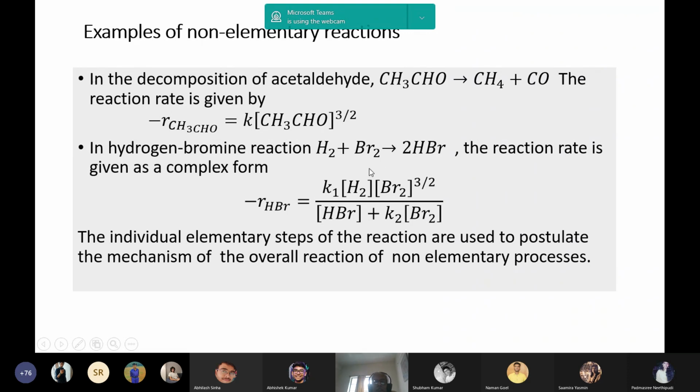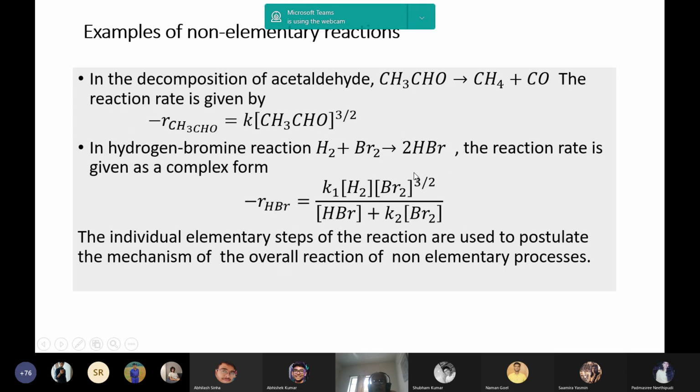So this rate of formation of HBr is inhibited by bromine concentration also. That is, if you use much bromine, the rate will increase, but at the same time the rate will decrease due to the retardation or inhibition effect from the terms in the denominator, that is K2Br2. As we increase the bromine concentration, the rate will also decrease. So we can use a small quantity of bromine and a large quantity of hydrogen.